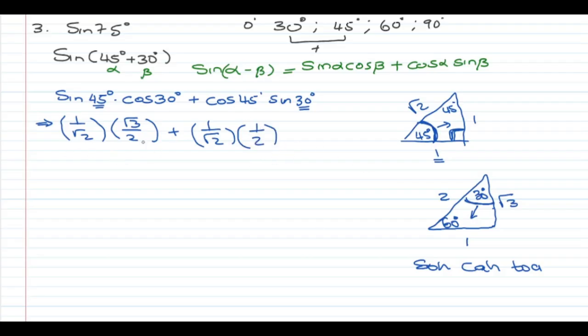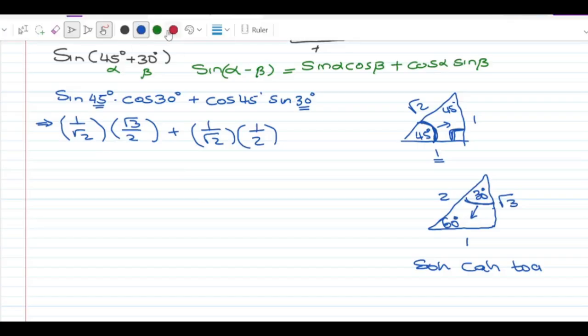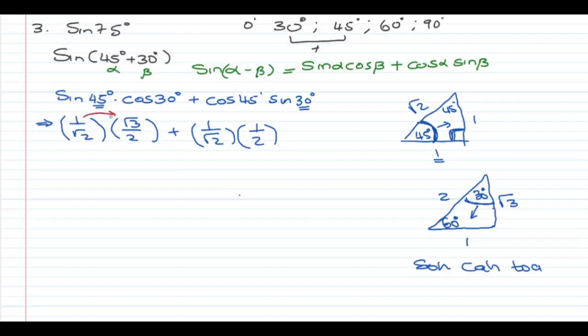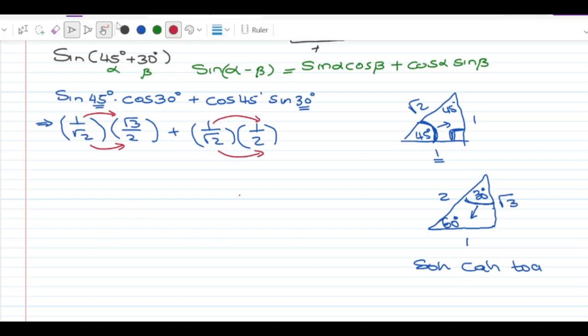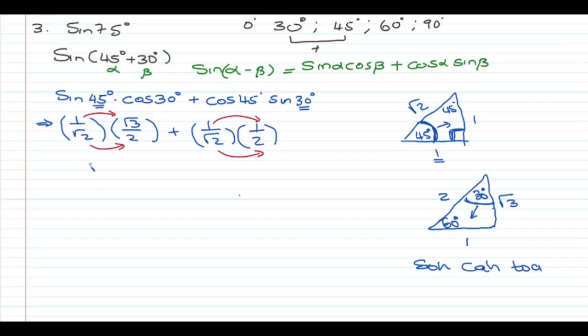When I have it like this, I can row multiply. Remember what we talked about in the previous example? We row multiply this times that, and this with that. So what do we have on top and bottom? 1 times root 3 is just root 3, and 2 times root 2 will be 2 root 2.